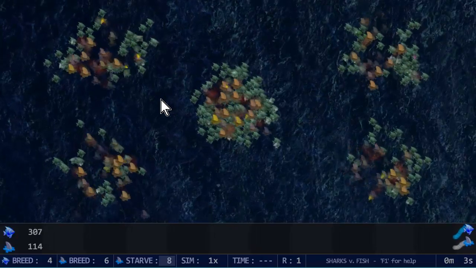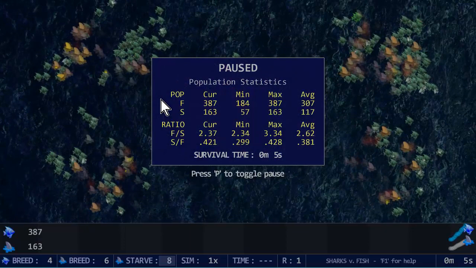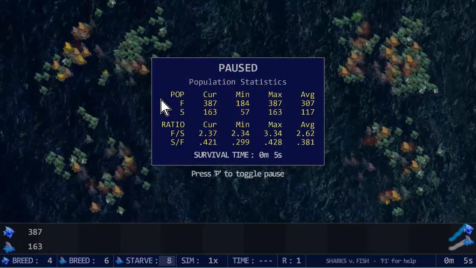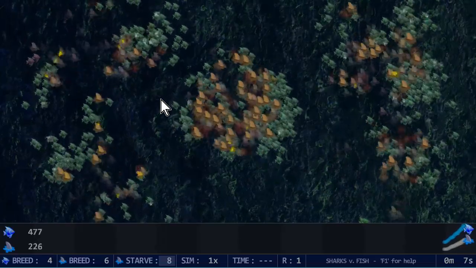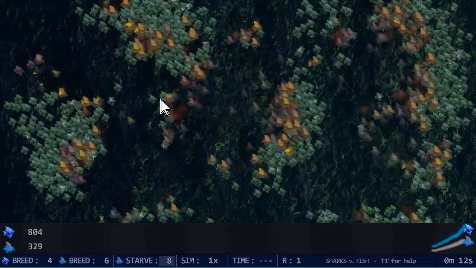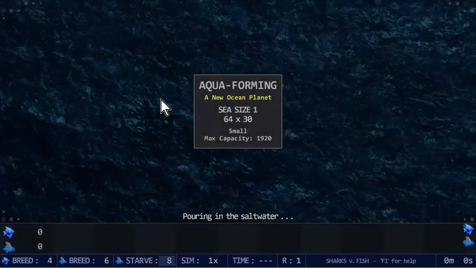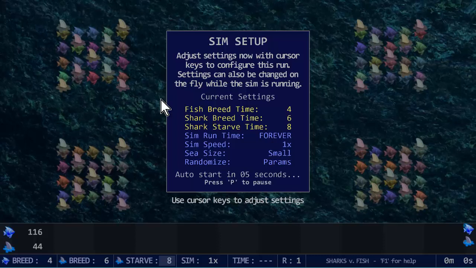By the way, you can pause it at any time with the P button. Another thing you can do is keep the same parameters but change the size of the sea. So let me make a small sea, which is much less likely to be stable. There we go. We got larger fish to fill them.